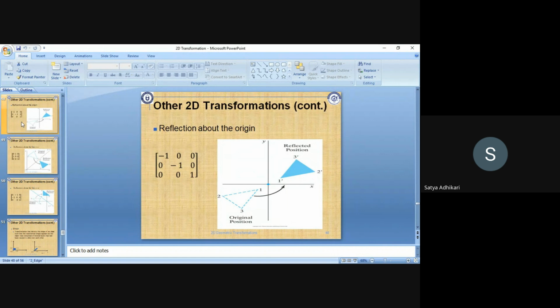So you see there is a minus 1 in the first row and also a minus 1 in the second row. So this is the reflection about the origin. Origin in the sense that we have to reflect with respect to both axes, first the x-axis, then the y-axis.